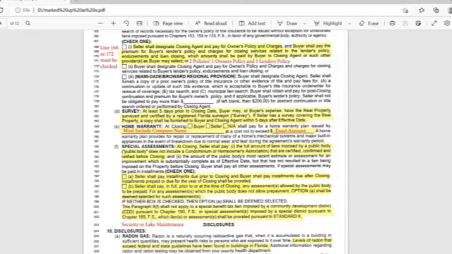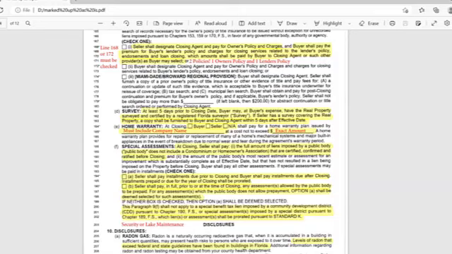We're either going to choose line 168 or line 172. So 168 begins with the seller shall designate the closing agent and pay the owner's policy and charges, and the buyer shall pay the premium for the buyer's lender's policy and charges for closing services related to the lender's policy, endorsements, and loan closing, which amounts shall be paid by the buyer to the closing agent or such other provider as the buyer may select.